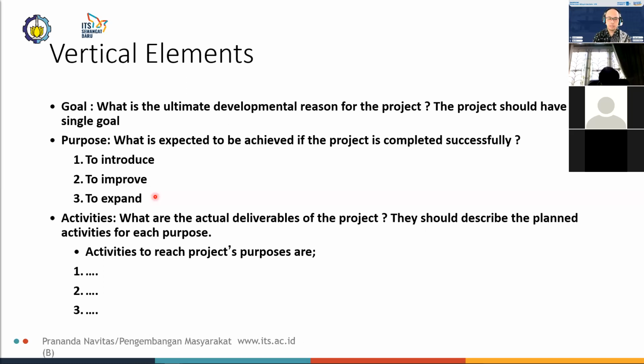So deliverables can be defined as the product of an activity. Hang on, I have to look it up in the dictionary.